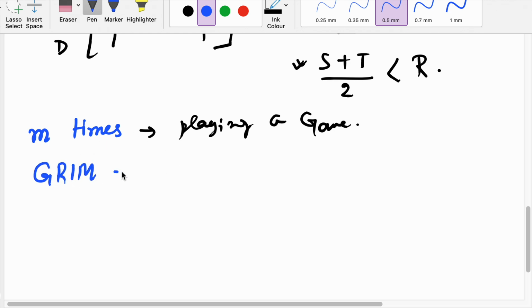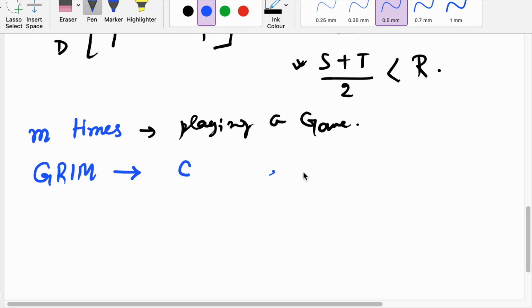This strategy means that when I play the m rounds, in the first round I will cooperate, and I will keep cooperating as long as my opponent does not defect. If I see that my opponent defects, then after that point I will defect forever. Is the Grim strategy clear?